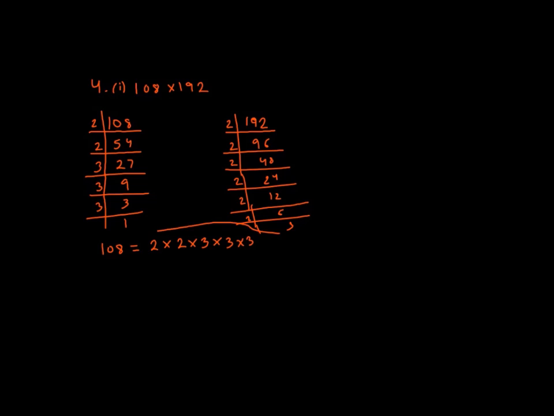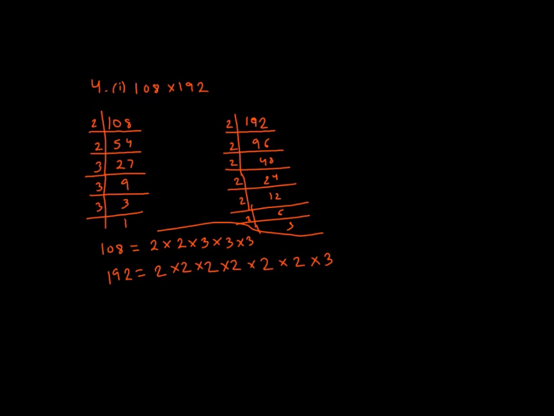And this number 192 will be written as 2 into 2 into 2 into 2 into 2 into 2 into 3. So now we want to write the answer in exponential form, so we will combine all these.